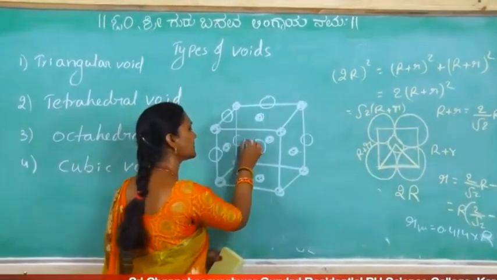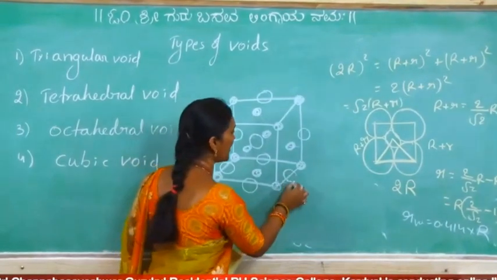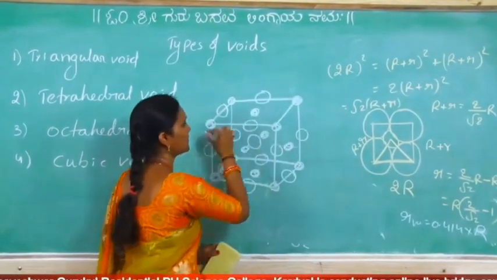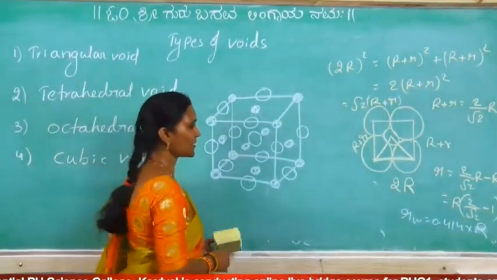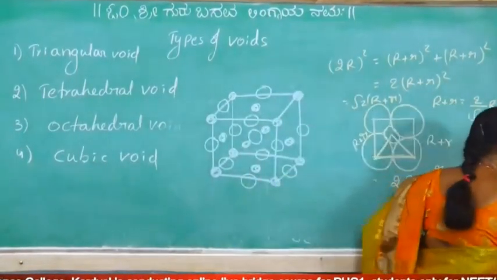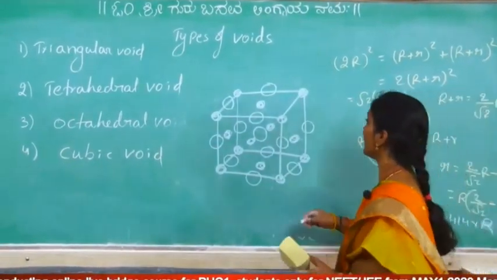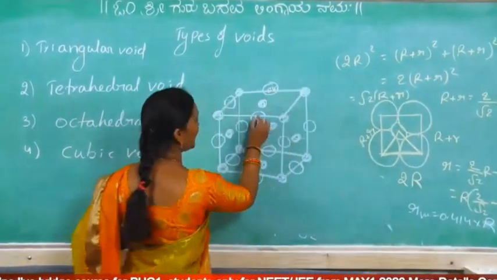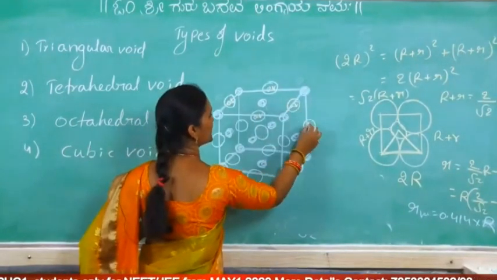How many edges? 12 edges. Yes or no? Now, all these are octahedral voids: the edge center octahedral void, this is also an octahedral void, all these octahedral voids.